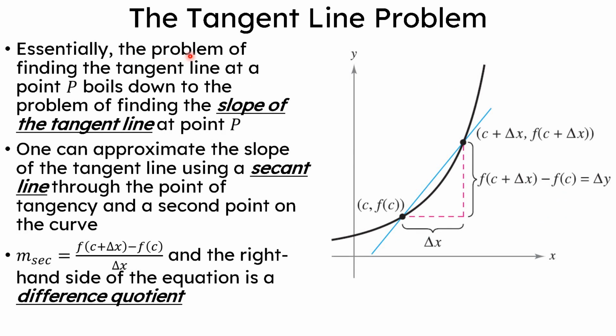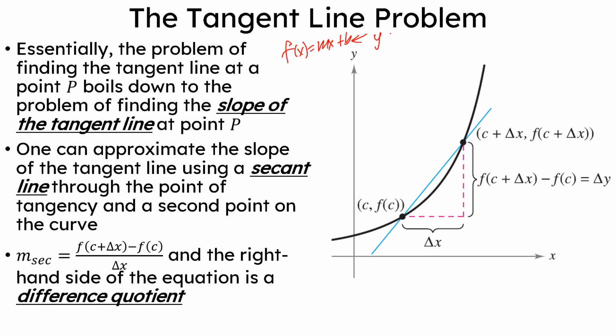Essentially, the problem of finding a tangent line at a point P boils down to the problem of finding the slope. Because if you remember, for a line in slope-intercept form, which is usually the form of our function, f of x is equal to mx plus b, we need the slope and the y-intercept.